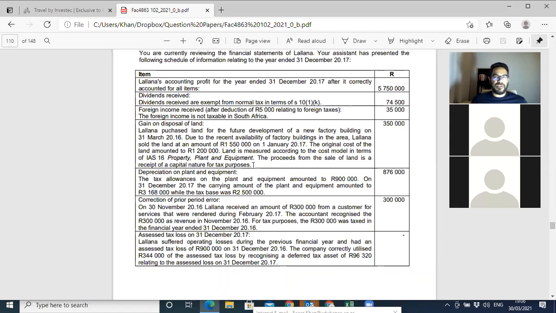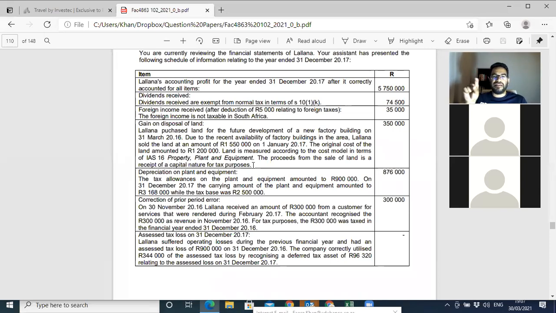From an accounting perspective, accounting wants that to be taxed. Tax will take place on the full 350. But from a SARS perspective, any capital amount is taxed at 80%. So please note, there will be a permanent difference between accounting and SARS of 20%. Why? Accounting is always going to expect to tax 100%, whereas SARS will always only tax 80%.